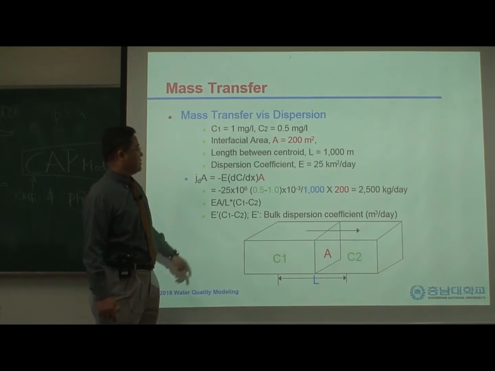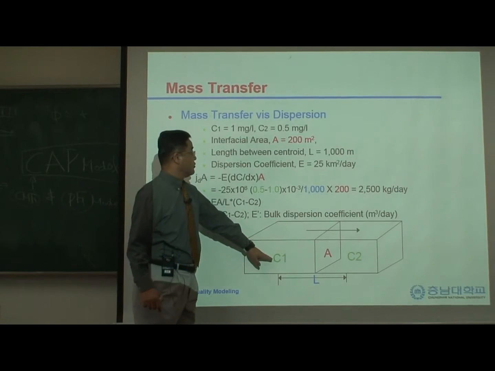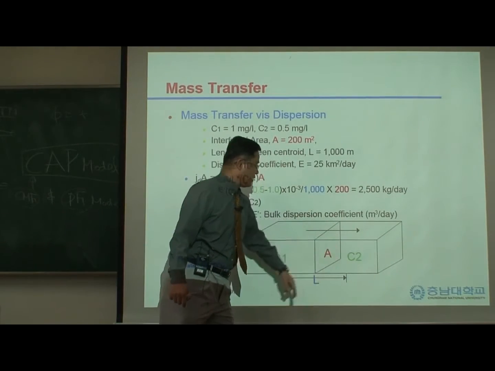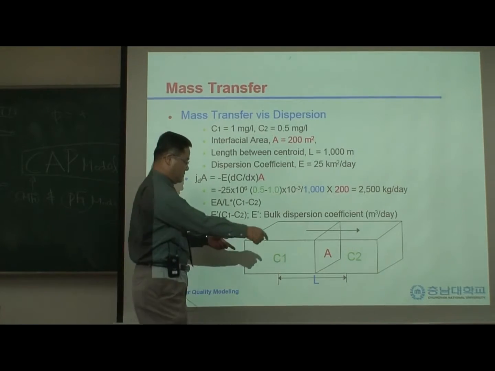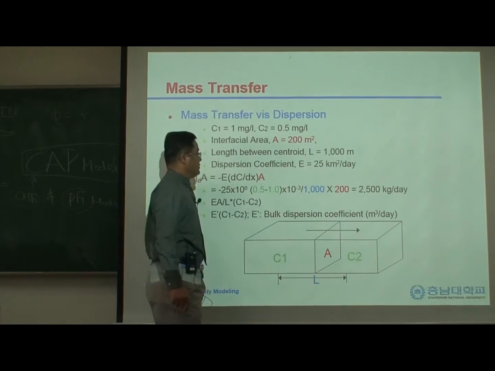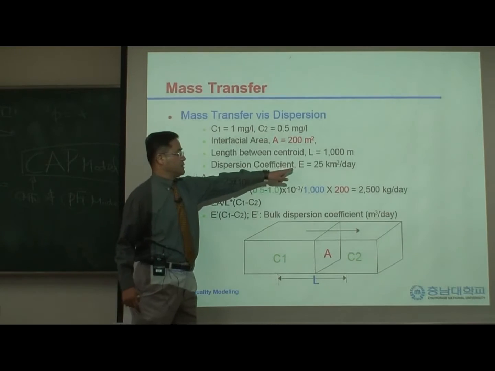actually this membrane is kind of imaginary. Say the concentrations are C1 = 1 and C2 = 1.5, and you know the area, the distance between the two, and the dispersion coefficient.